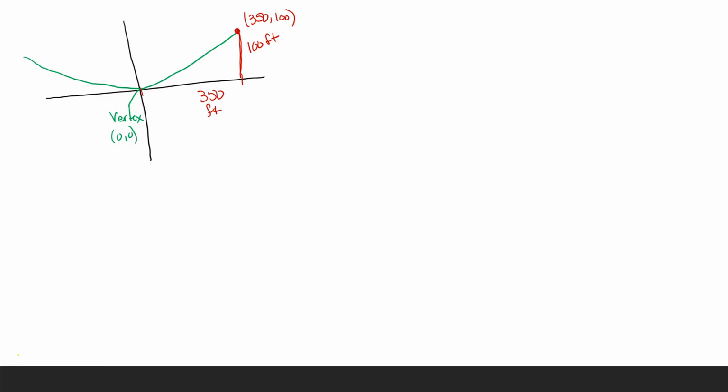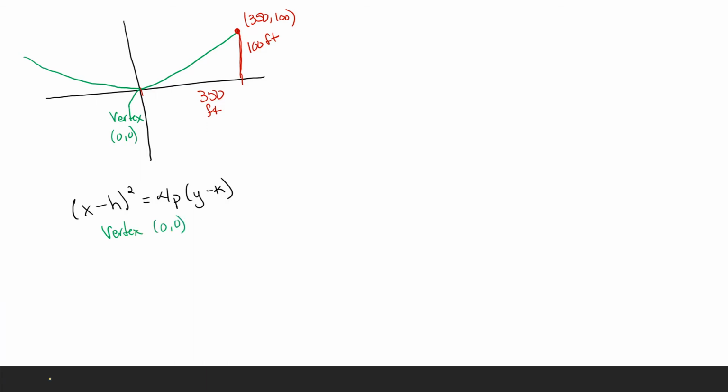All right, my equation is looking like, again, since it's an up-down parabola, the y is not squared. Do you agree? And since we put the vertex at (0, 0), let me just rewrite it so we can see it.